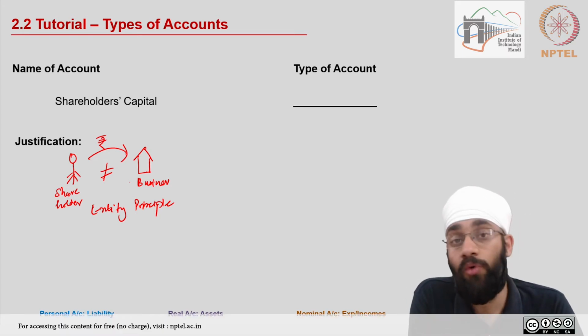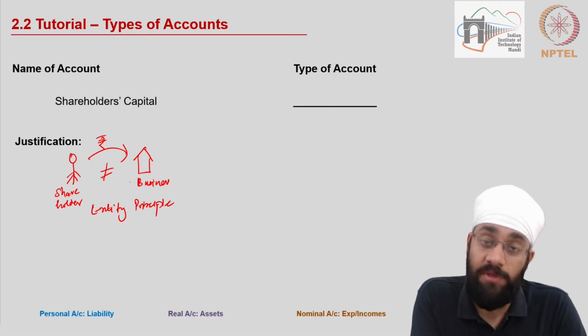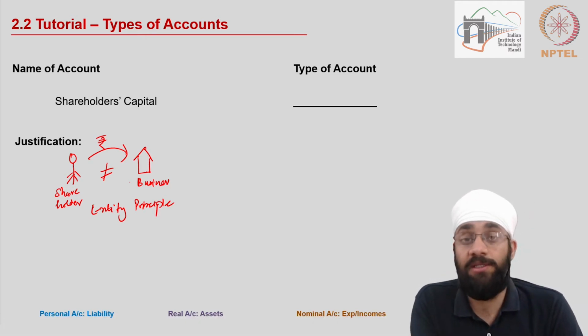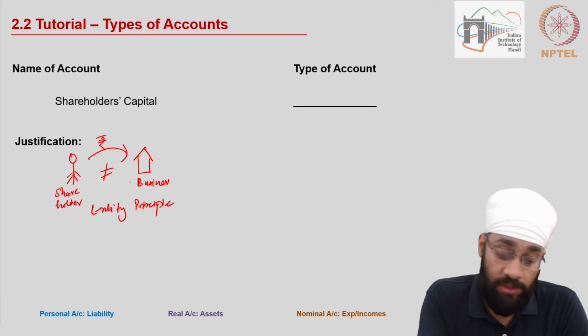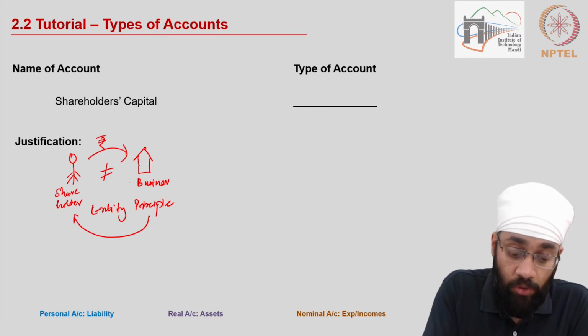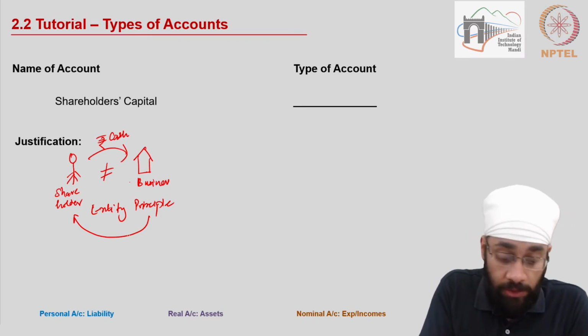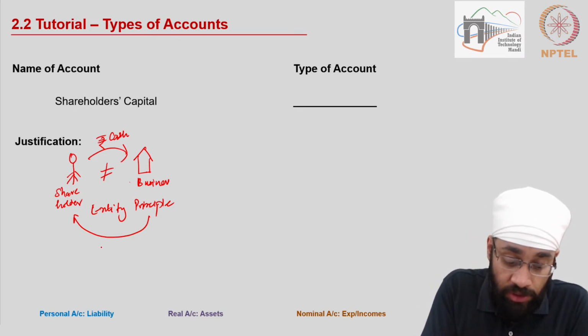So if the owner is supplying this capital, this money to the business, then the business owes back to the owner. So if this money is being supplied by the shareholders to the business, let's say this is cash balance or bank balance, then in return the business owes to the shareholder.